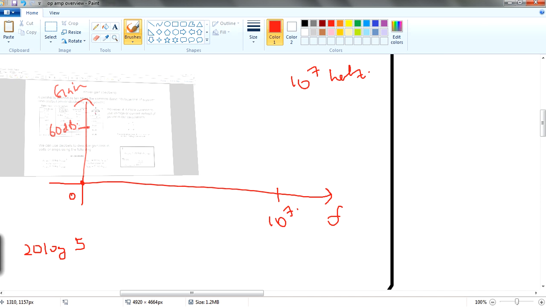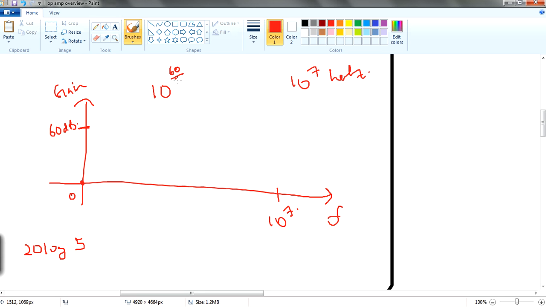So in this case, if you are given a gain of 60 dB, you can just straight away use this formula. 20 is the standard one. So if you do that, you will have 10 to the power of 3, which is 1000. So your gain itself is 1000, right? Meaning your V out over V in is a gain of 1000. So this is exactly what it means.